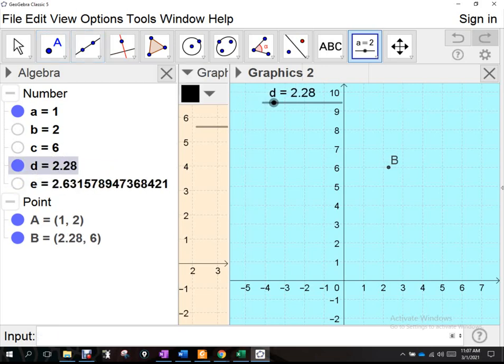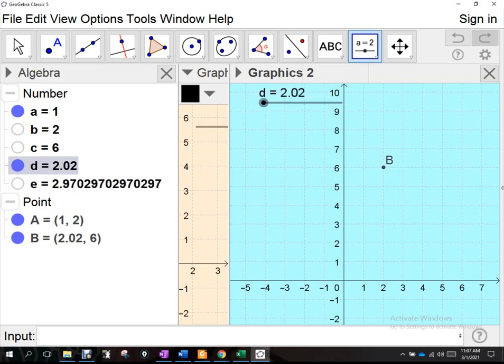And when I change d to any number that I want, I'm just going to go between 2 and 4, but it doesn't matter. Let's look at this number right there, that value e that I'm getting.